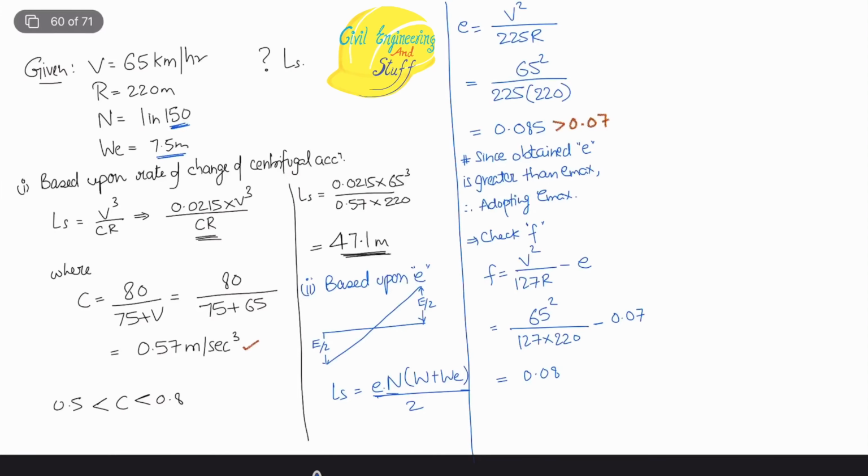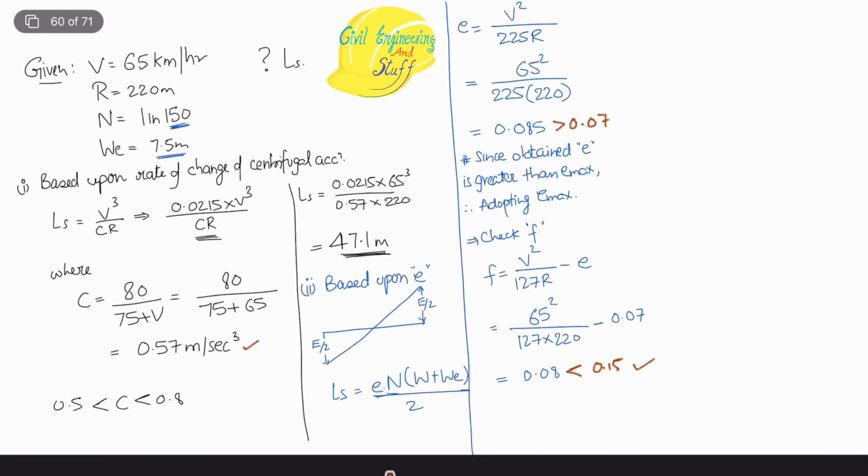So what is the next step? The next step is we have to check if the value is greater or less than the maximum permissible value. The maximum permissible value is 0.15 and the value is less than the maximum permissible value, and so this is okay.